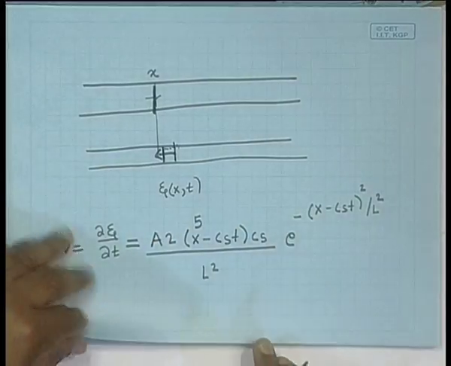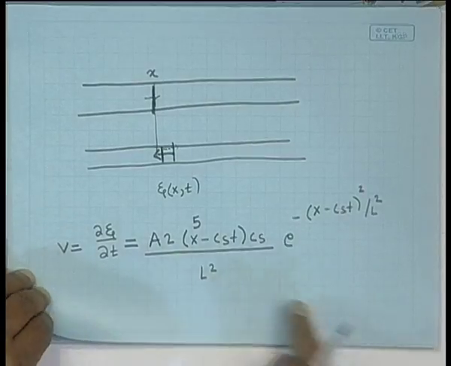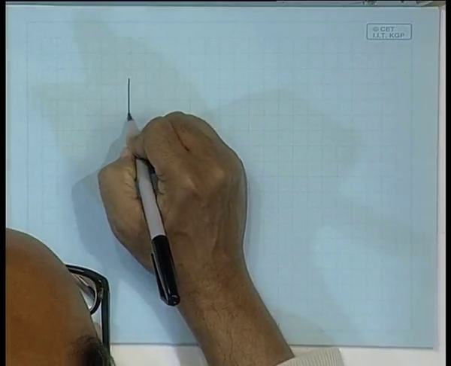If you plot this curve, I will request you to sit down and put in the values and actually plot it. Right now, I will just plot it schematically, and it looks like this.